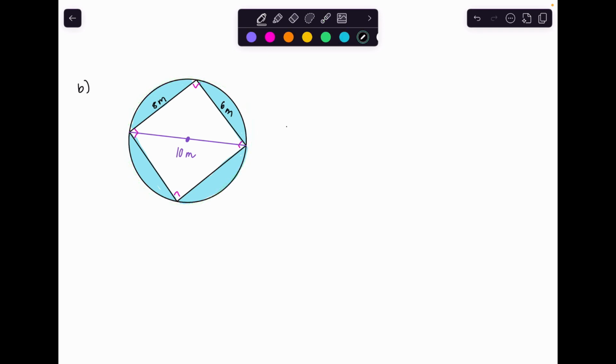So to find the area of the shaded region, I need to find the area of the circle. And then I need to subtract the area of this shape, which in this case has sides 8 and 6. So it is going to be a rectangle since I have those 90-degree angles. So it's the area of the circle minus the area of the rectangle.